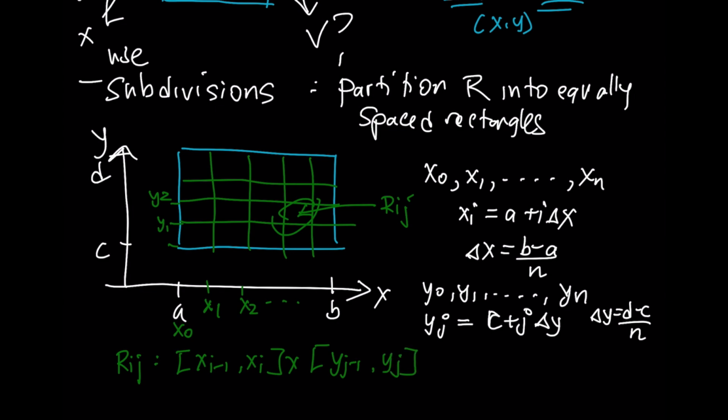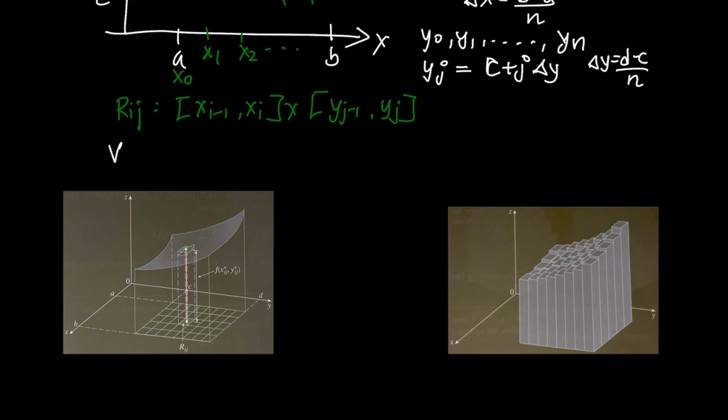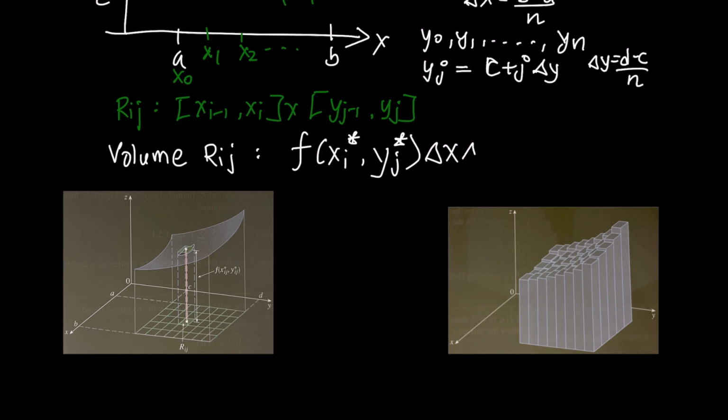Now, in the images below, I'm going to try to show you the idea behind this subdivision concept. On this picture down below, what we're trying to do is now calculate the volume above this rectangle Rij. So the volume then is dependent on the height, which is related to some sample point in that rectangle, times the area of that rectangle on the bottom.